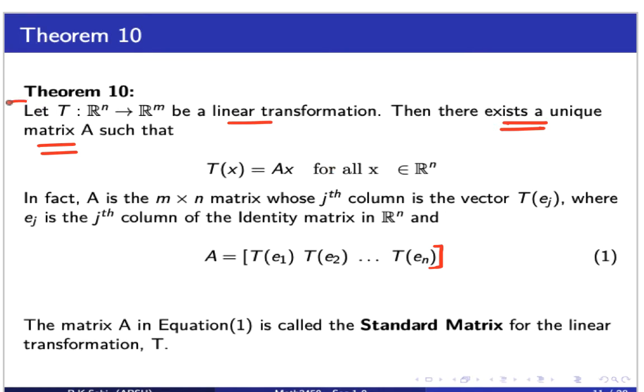And here is the key. A linear transformation which goes from an n-dimensional space to an m-dimensional space. This matrix A, formed because of this relationship, is called the standard matrix for the linear transformation T, and this is a unique matrix, very important.